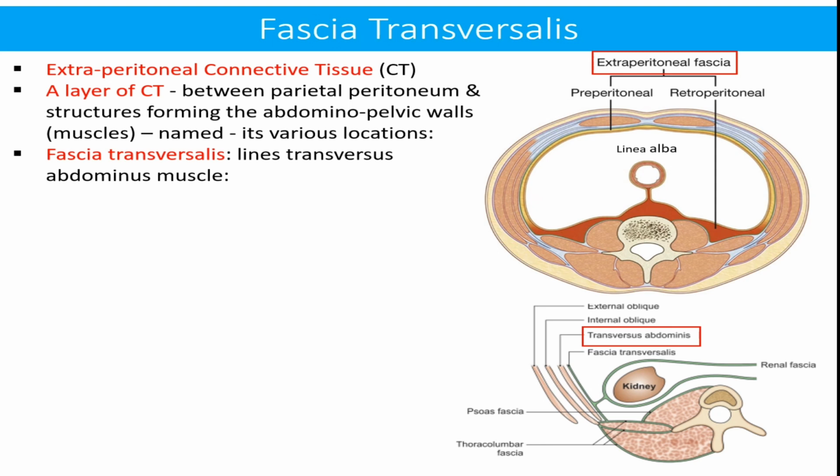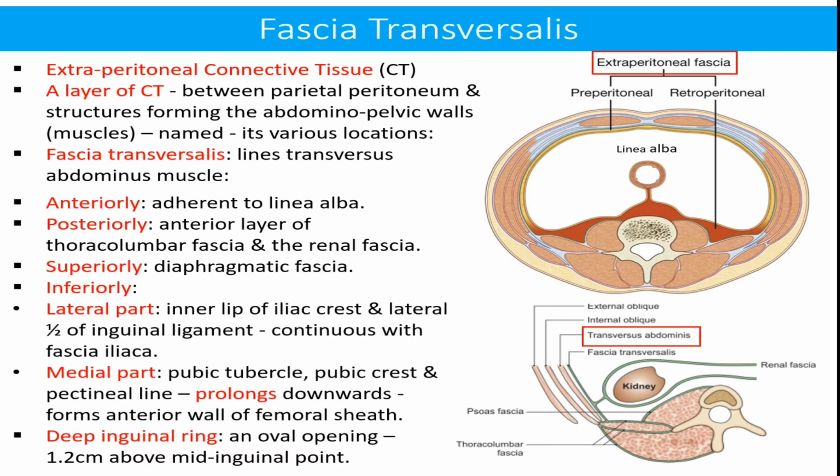The fascia lining the transversus abdominis muscle is named the fascia transversalis. Fascia transversalis is adherent to the linea alba anteriorly. Posteriorly, it is continuous with the anterior layer of thoracolumbar fascia and renal fascia along the posterior abdominal wall.